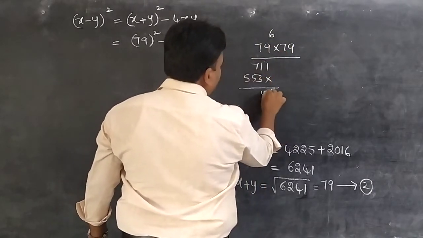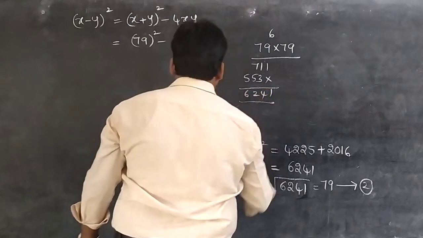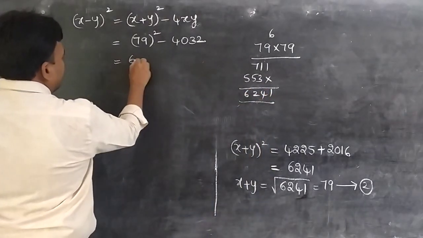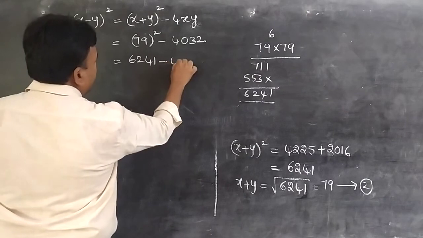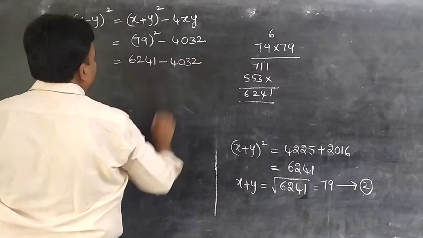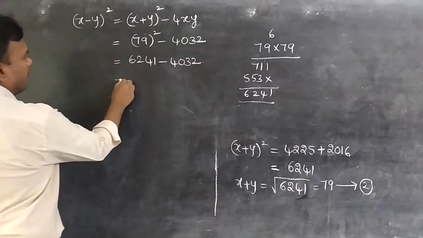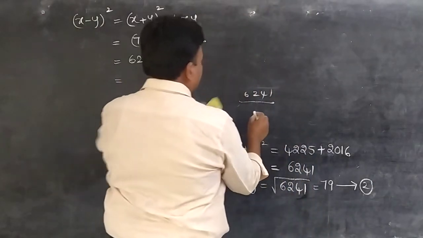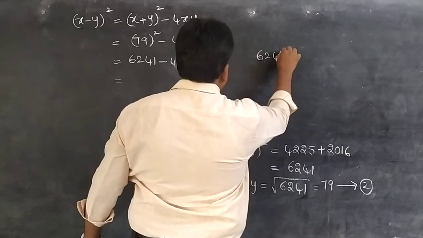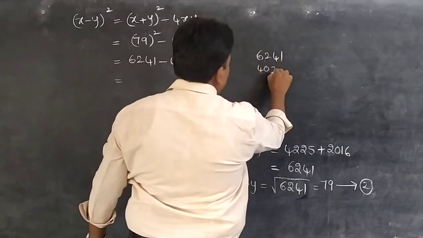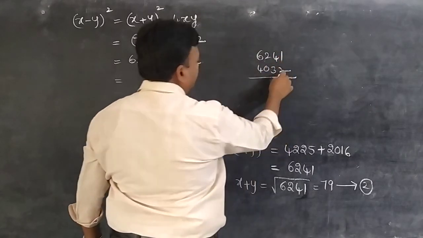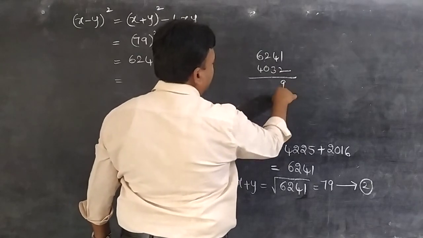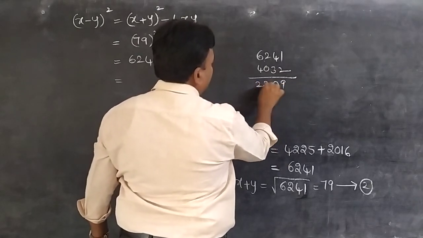So it becomes 6241. It becomes 6241 minus 4032. The difference value: 6241 minus 4032 is 2209.